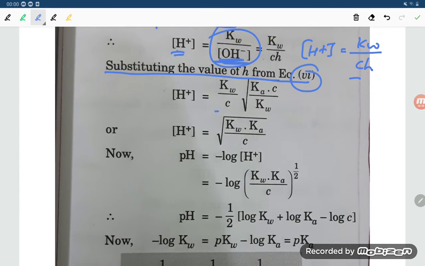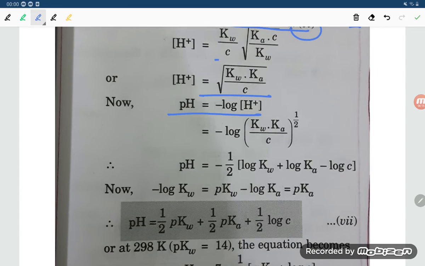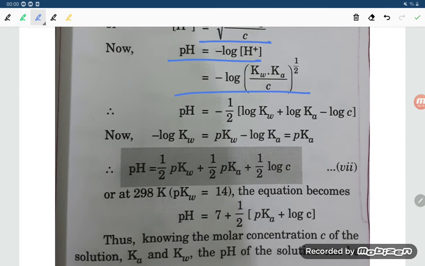Now [H+] = root of Kw Ka/C. So pH = -log [H+] = -1/2 log (Kw Ka/C), so pH = -1/2 log Kw - 1/2 log Ka + 1/2 log C. Now -log Kw is pKw and -log Ka is pKa.